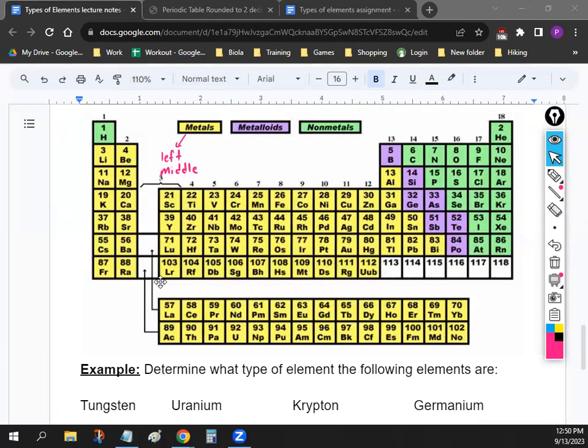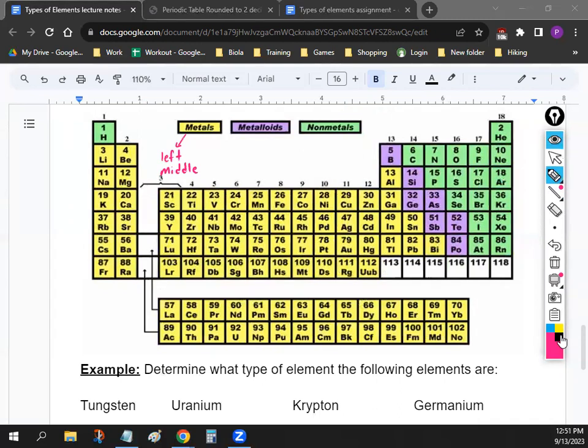So most elements are going to be metals. And they're going to be on the left and middle of the periodic table. And by middle, I also include this bottom part right here. So just keep that in mind.